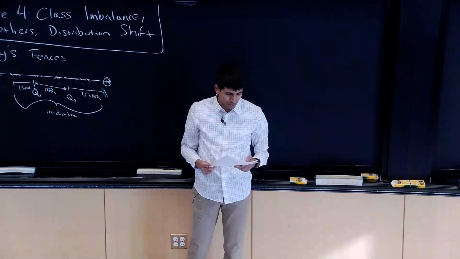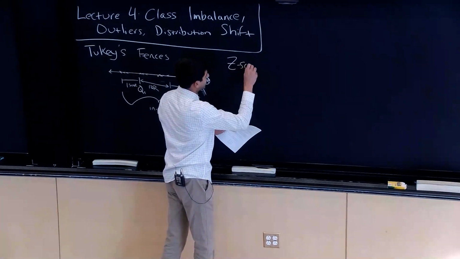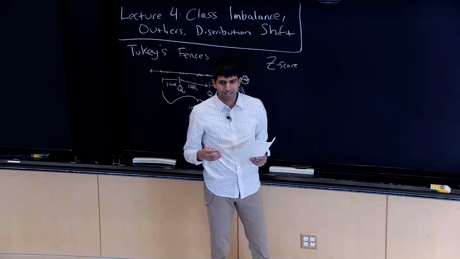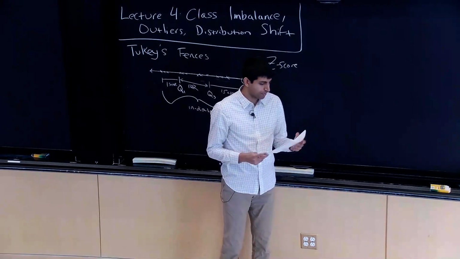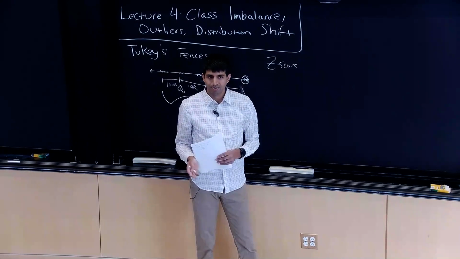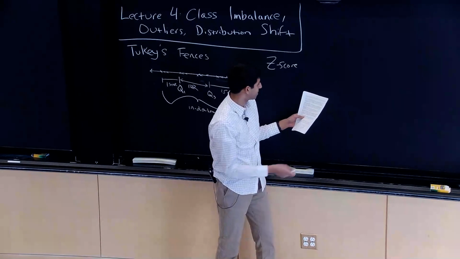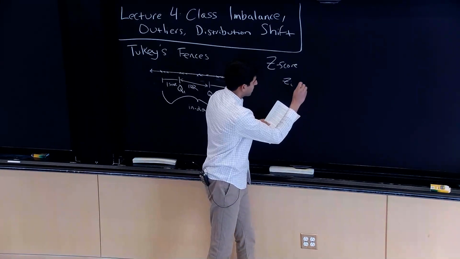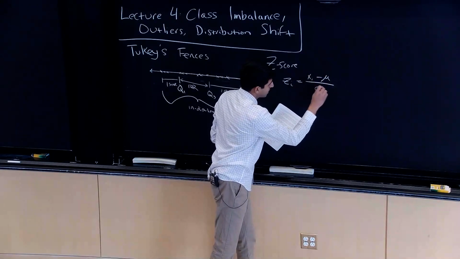I think in lecture 1 or 2, somebody mentioned z-score. So that's another technique you can use for identifying outliers. You can give a score to each data point, and then the higher the score, the more likely it is that it's an outlier, and you can find a cutoff and define everything above that as an outlier. Recall that the z-score of a particular data point is that data point's value minus the mean over the standard deviation.